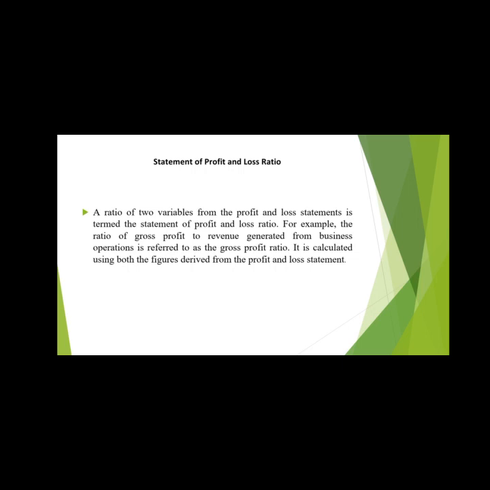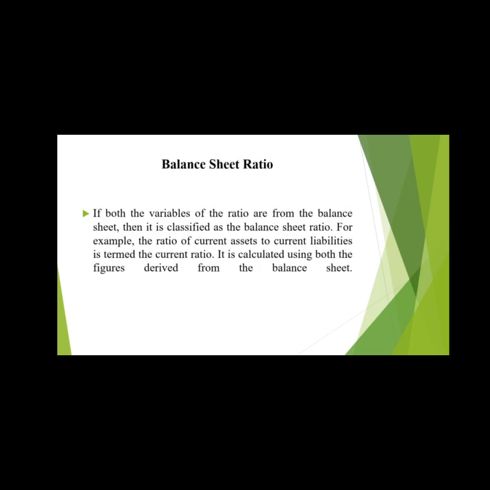For example, the ratio of gross profit to revenue generated from the business operations is referred to as gross profit ratio. It is calculated by using both the figures derived from the profit and loss statement, which is profit and sales.